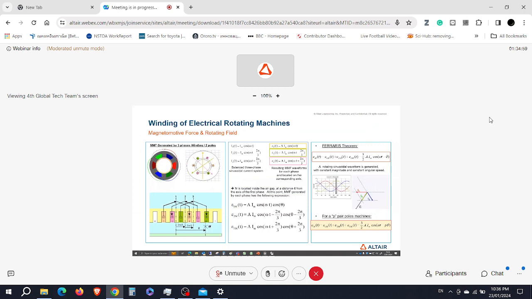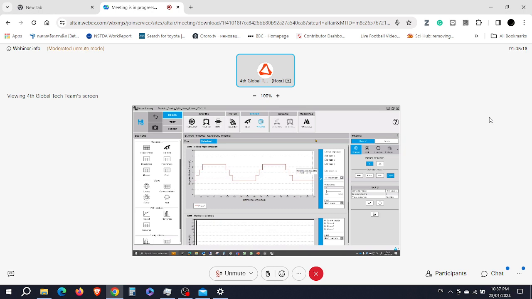Actually, we can see clearly it's moving and it's rotating. So thanks to these three pulsating MMF, we can actually create a rotating MMF. So this is what we want to achieve. And in flux motor here, we can see the resulting MMF moving inside.